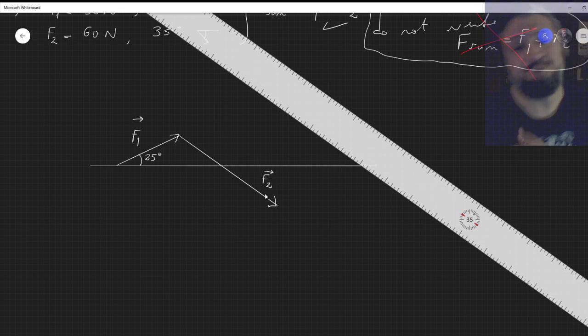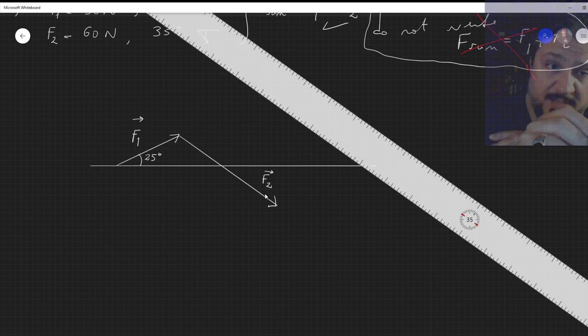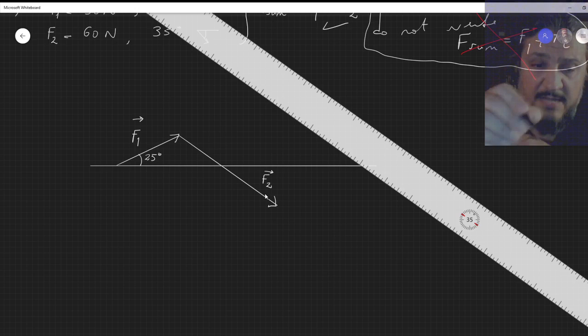Now why did I put F2 over there? Because I'm following the tail-to-tip rule. If I start from the tail of F1 and connect it to the tip of F2, that'll give me the sum of these two.